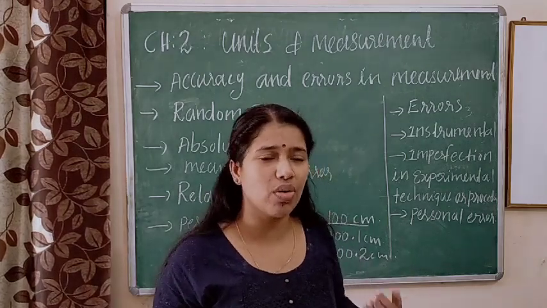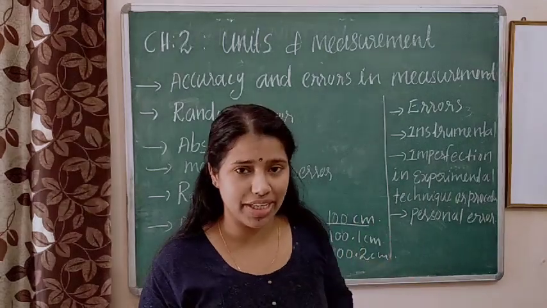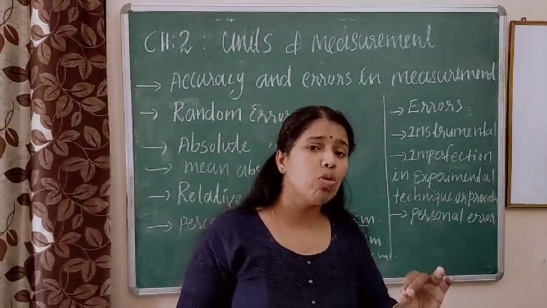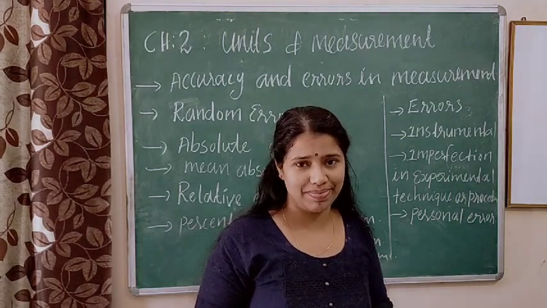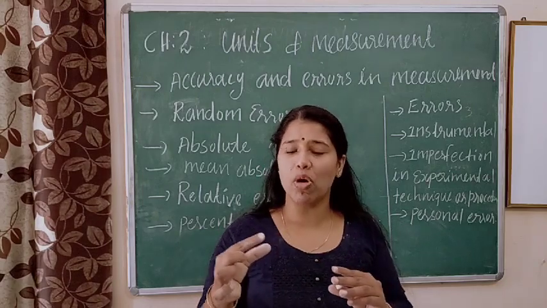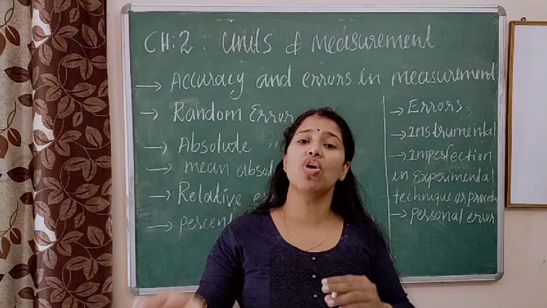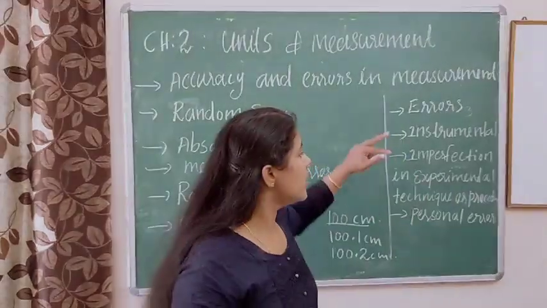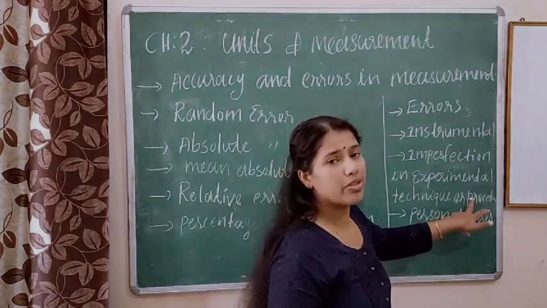The thermometer shows the readings, but it will be affected by some external factors. If the outside temperature is more, it will affect. If humidity is more, it will affect. That is imperfection in experimental techniques or procedure.